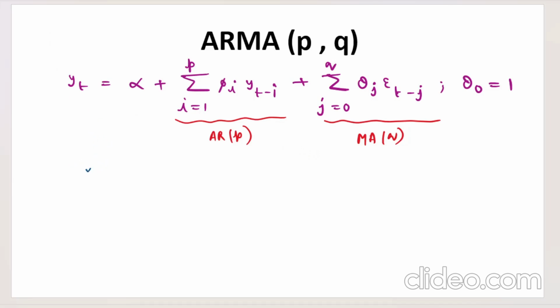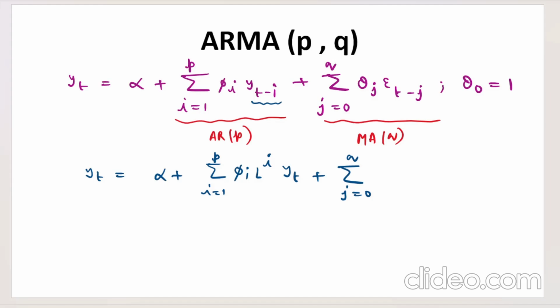Now you can write it in this way also: summation i from 1 to p phi i, and using the lag operator, what will this expression be? Lag to the power i Yt. I have told you this multiple times.